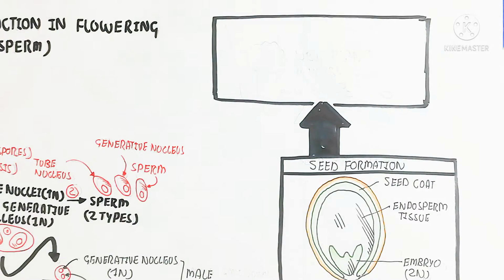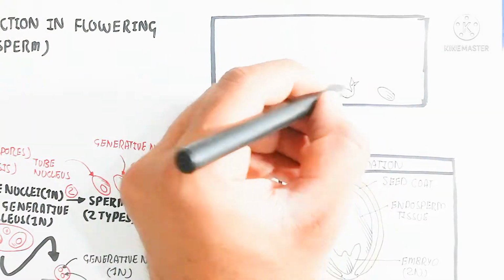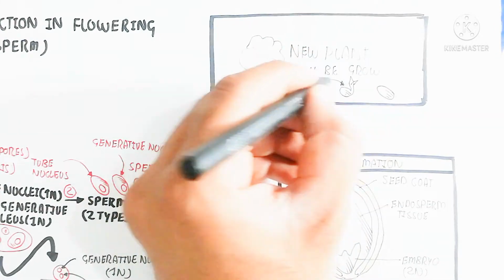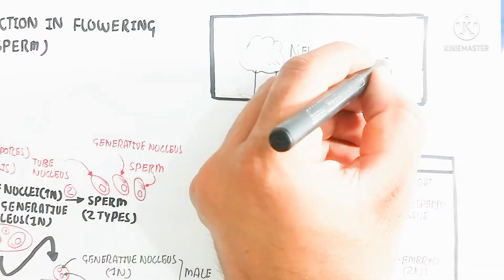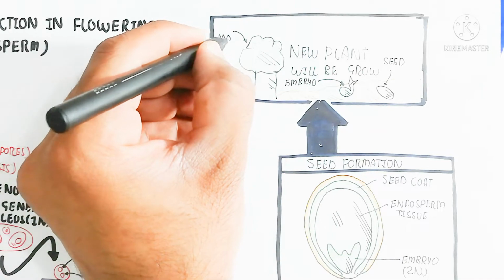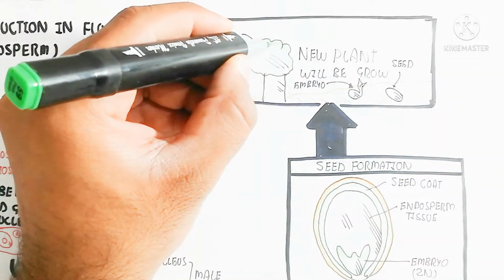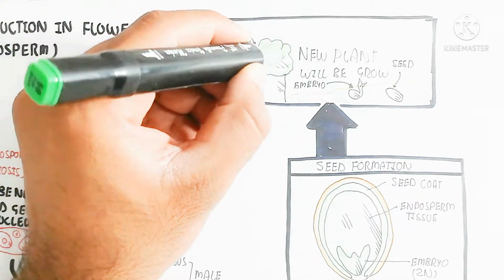So the ripening of the ovule will become a seed, because inside the ovule sac will form a seed, while the outer ripening ovary forms a fruit. So this is the seed coat formation, the ripening of the ovule.